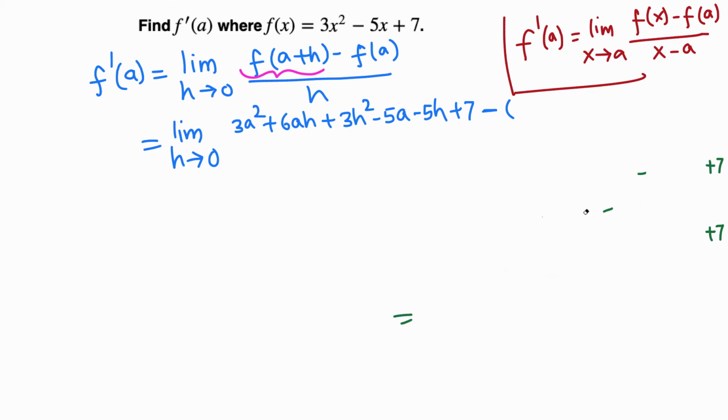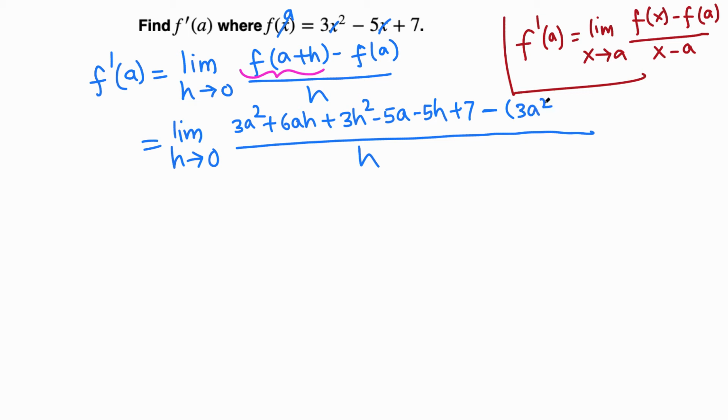Let me write it here, and the bottom is just h. Minus f of a means we just replace x by a, so f of a is just 3a squared minus 5a plus 7.